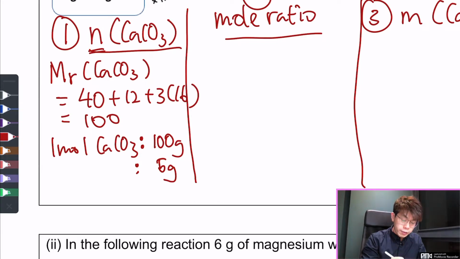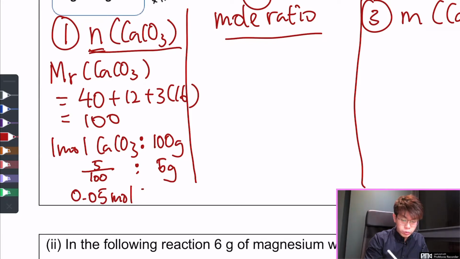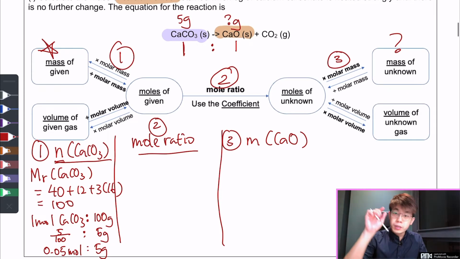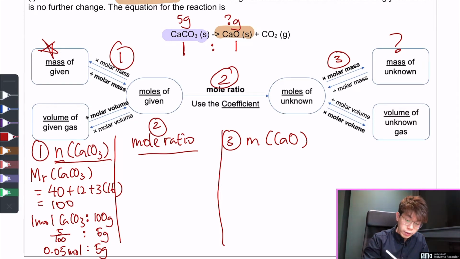It's actually 5 divided by 100 moles. And based on my calculator, 5 divided by 100 is equivalent to 0.05 moles for 5 grams.